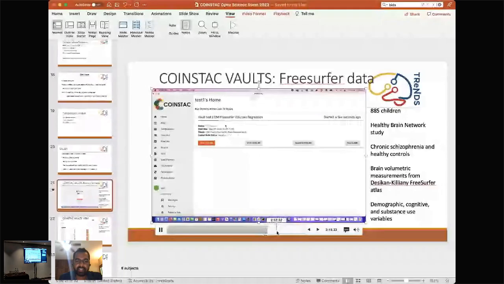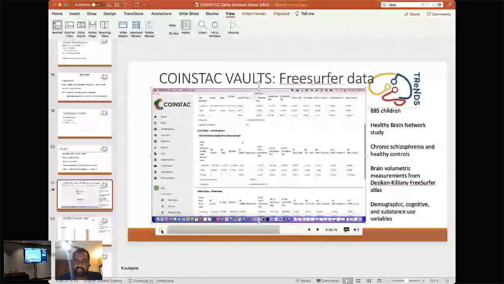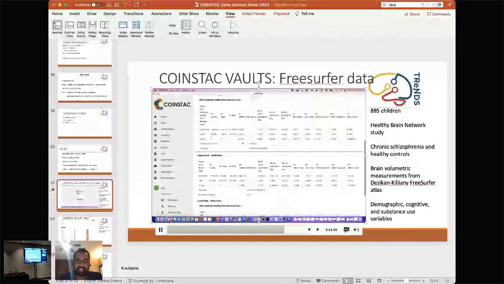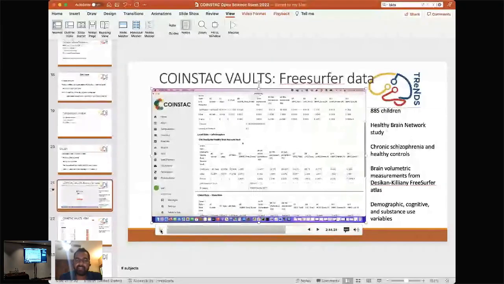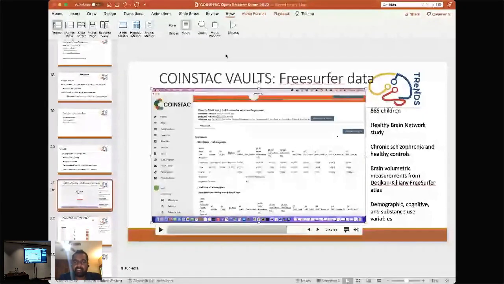And here are the results from running the regression. So this is an example of how vaults work. In this case, the user does not need to have their local data. They can simply use the data that we provide that is accessible at all times and run a regression on it. If they do have the local data, they can attach the local data to this consortia and use it in combination with the vault.